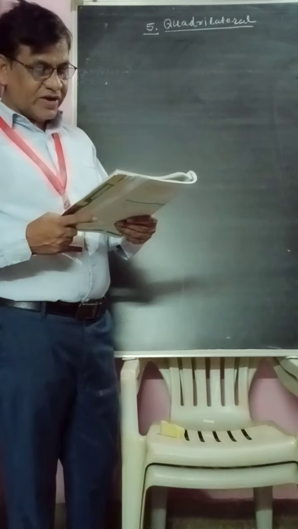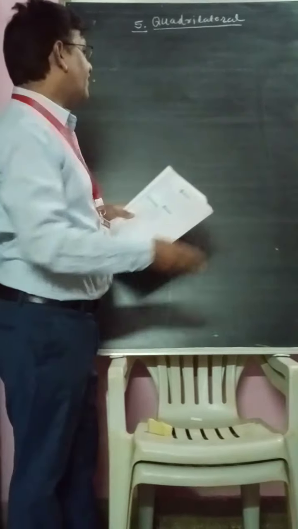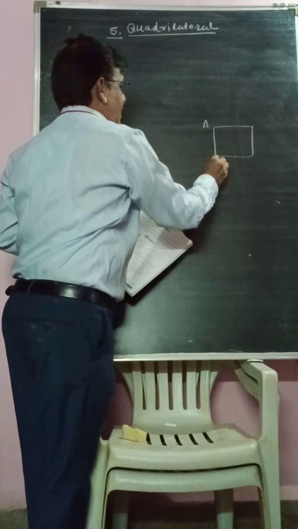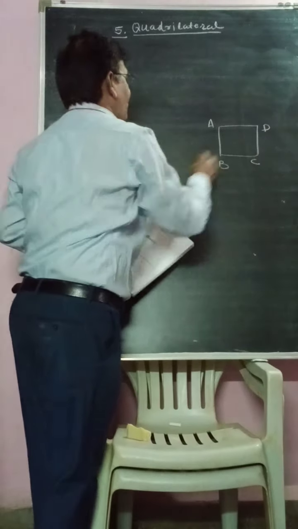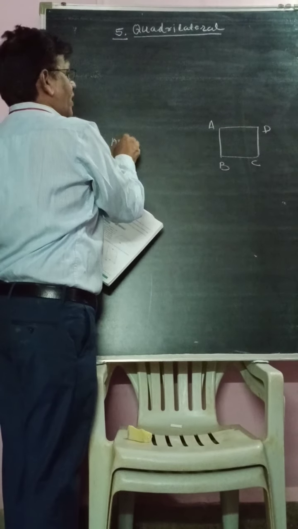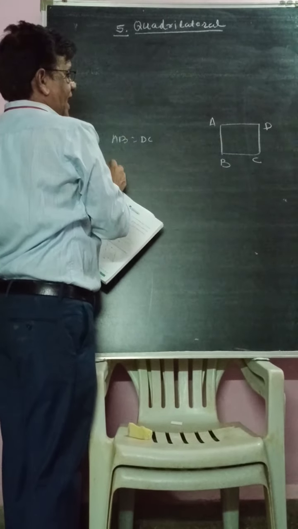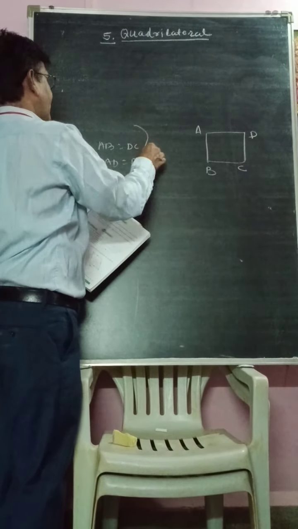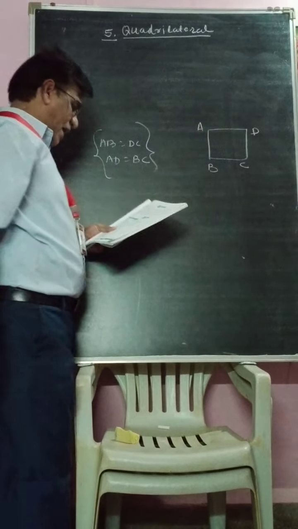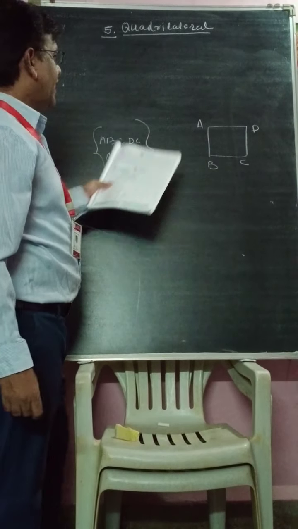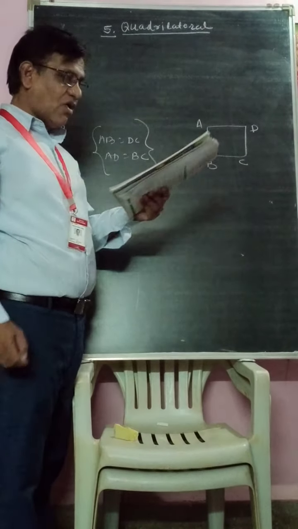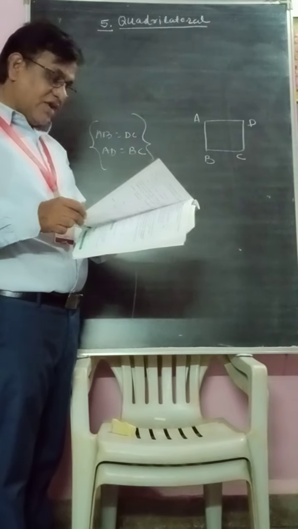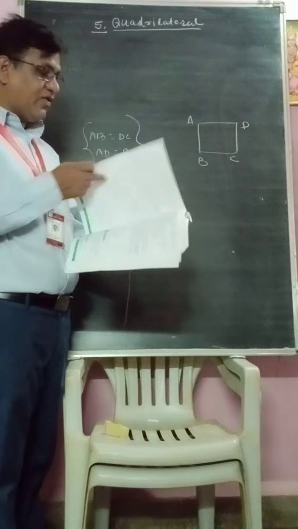A pair of opposite sides of a quadrilateral being congruent means if this is quadrilateral ABCD, if AB is congruent to DC and AD is congruent to BC, then you can say that this quadrilateral is a parallelogram. This is the theorem. This is the first theorem.